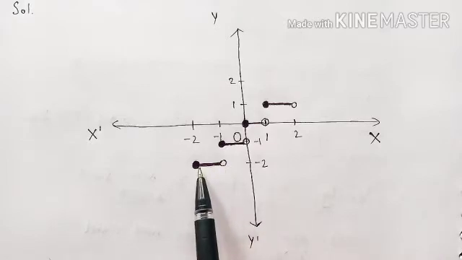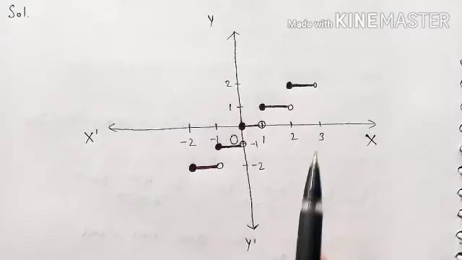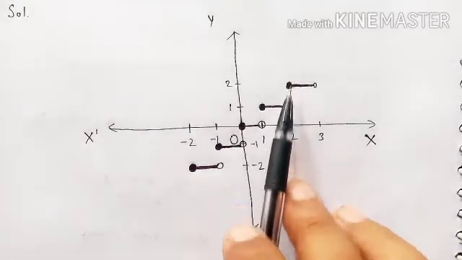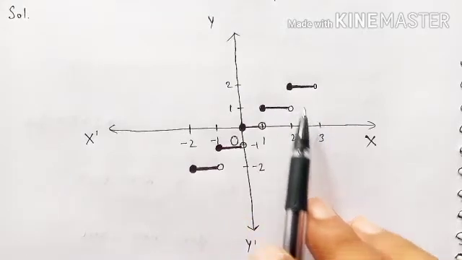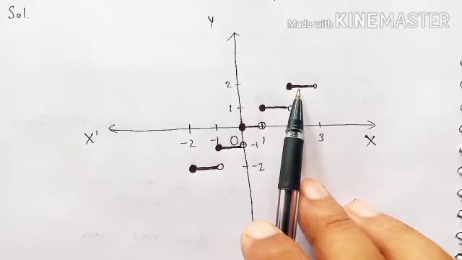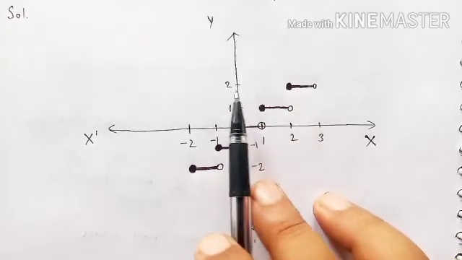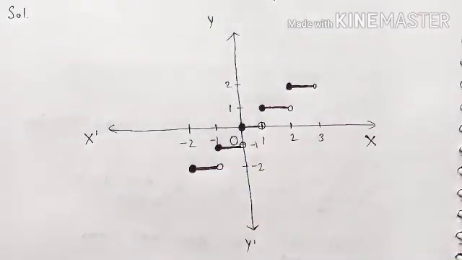So this darkened part shows the graph here. Greatest integer 2 is 2, so this circle is hollow and this is darkened, and for values greater than 2 but less than 3, the greatest integer is 2.